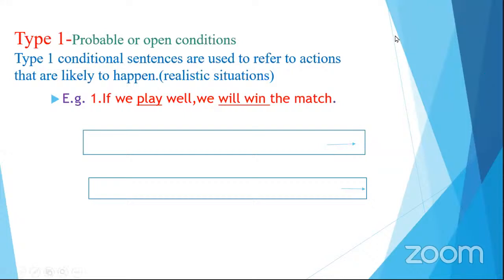If we play well, there you have a condition. If we play well, I believe you understand this. We will win the match. If you play well, definitely you will win the match. So this is a type 1 conditional clause or a conditional sentence.